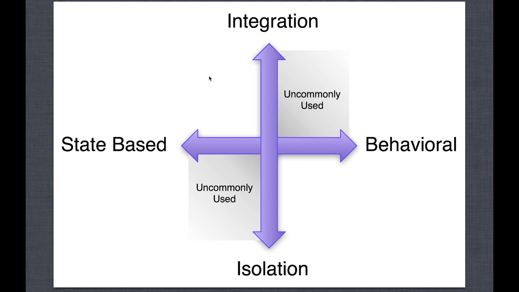So isolation and behavioral are oftentimes used in conjunction with each other, and state-based and integration are oftentimes used in conjunction with each other. So you'll find that when you're doing integration testing, as Drew illustrated, you are really looking at the state of your application at that particular time. And conversely, when you're doing a lot of isolation testing, you're looking at a lot of the behavior.